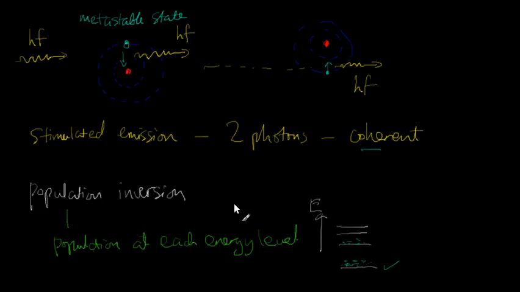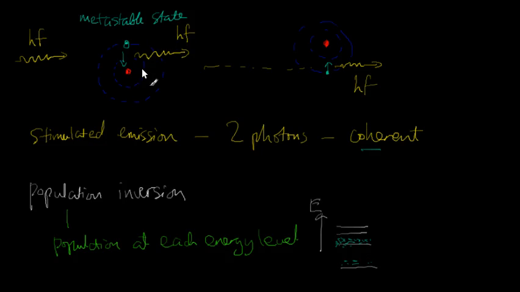Now, population inversion just means that this situation is reversed. In a population inversion, we would have a situation where there are fewer electrons in the ground state and more electrons in the excited states. These electrons sort of stay up because it is somehow metastable.